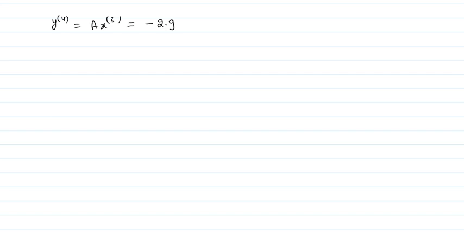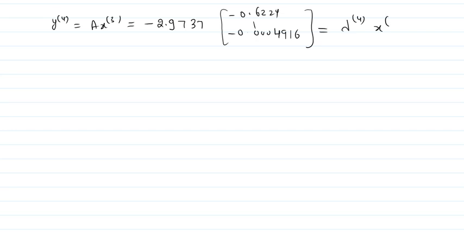So minus 2.9737 is largest, so remaining is 0.62241 and minus 0.304916. So this is my new lambda 4 x4, and I compare the two, lambda 4 minus lambda 3, that difference is 0.7814, still bigger than 0.1, so I need to continue.